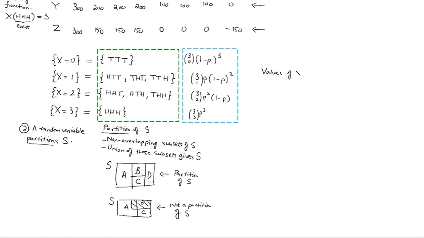Can we make a table which has values of x, and the values that x takes are 0, 1, 2, and 3. So in the first row you have the values of x, and in the second row you have probabilities.